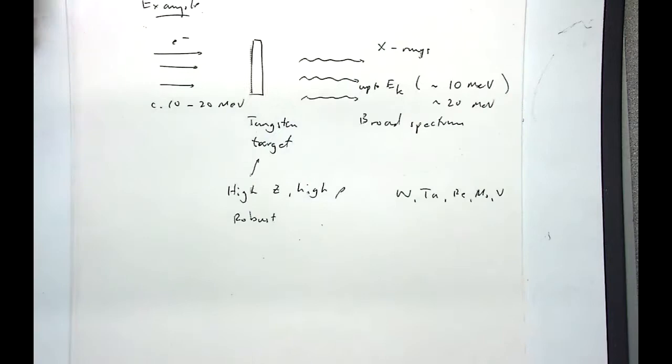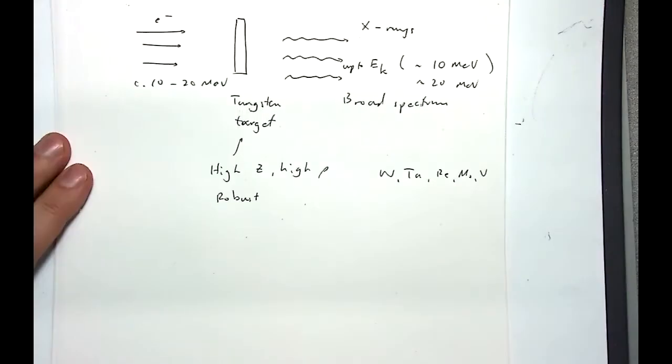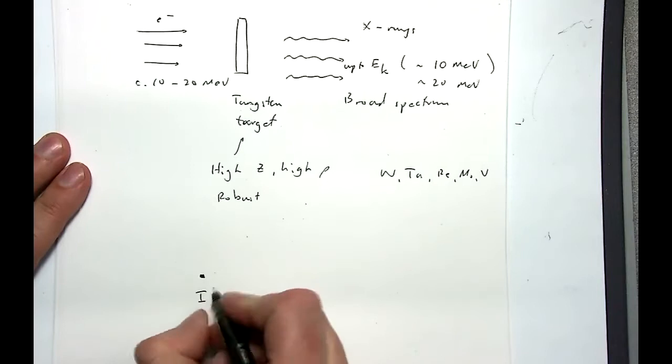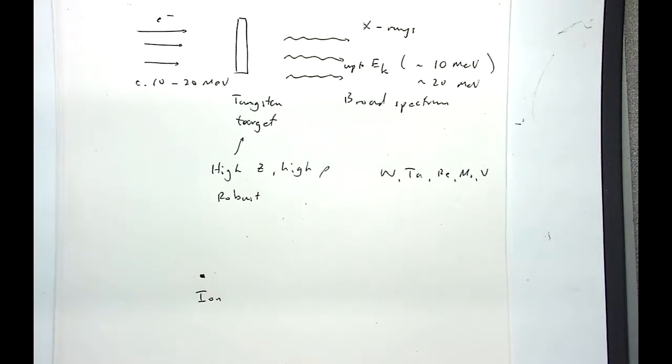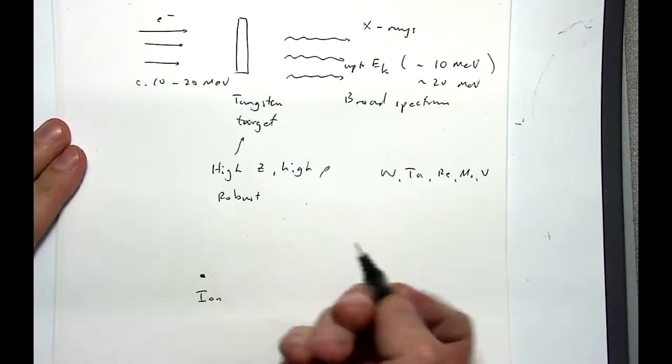Well, as we alluded to, it works as follows. As the electrons pass through the material, remember they have a reasonably large energy as they enter, and I can draw a diagram like so.